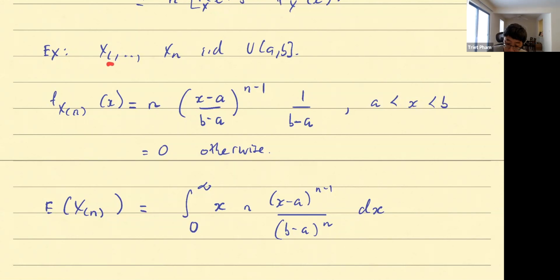X1 up to Xn all come from a uniform(a, b) distribution. So the max itself, being the max of these values, cannot go beyond those. So the correct integration range must be from a to b. Is that okay?